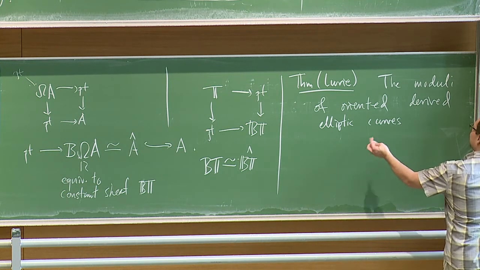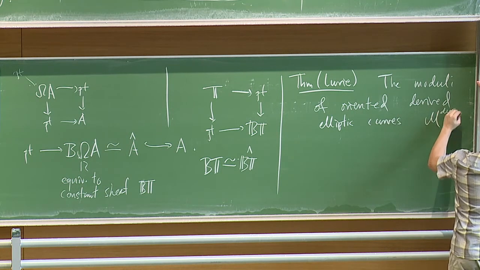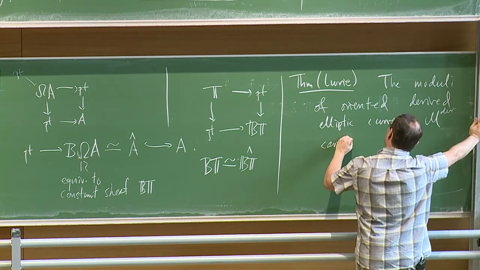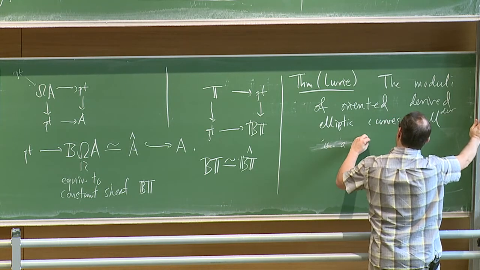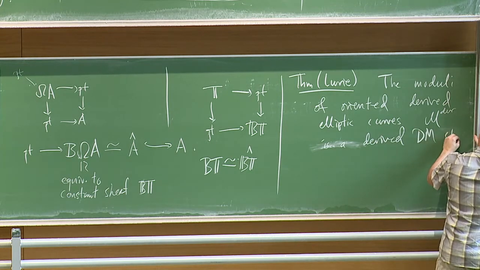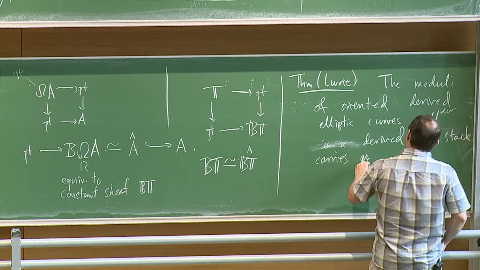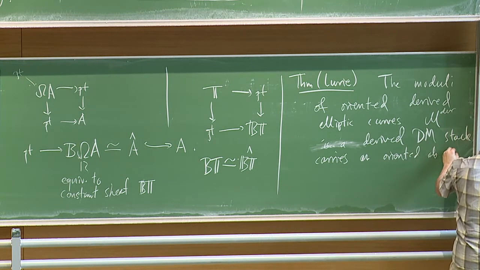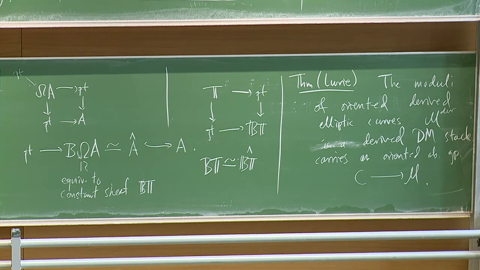So the moduli of oriented derived elliptic curves, let's call it M derived, is a derived Deligne-Mumford stack, and it carries an oriented abelian group, which is the universal curve over this derived moduli stack.